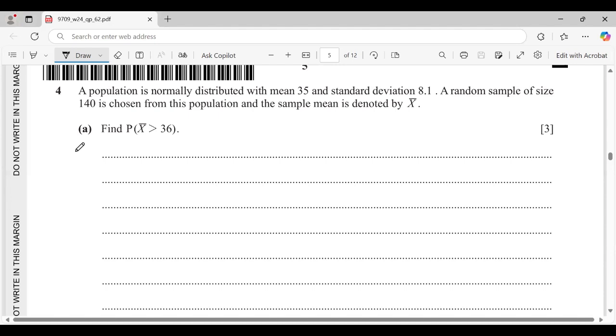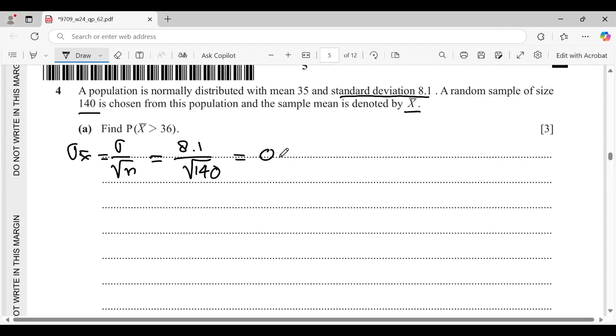Find the standard deviation of the mean first. The formula: standard deviation of the mean equals standard deviation over square root of n. The given standard deviation is 8.1, so 8.1 over square root of n, which is 150.